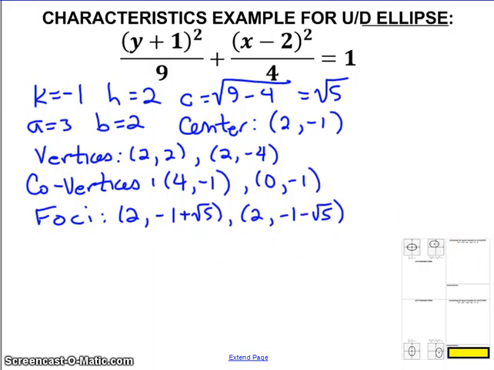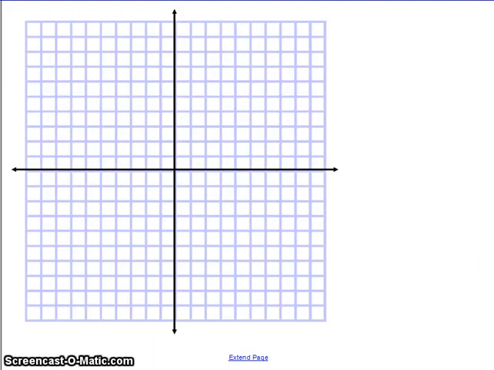So to put all these on the graph, let's go ahead and get the center first. The center was at 2, -1. Puts it right here. And we can use the a and b values to get the box, which is also going to help us to place the vertices and co-vertices at the same time. So in this case, we have a equals 3, but if we go back to our formulas, we're going to see that the box has a height this time of plus or minus a.